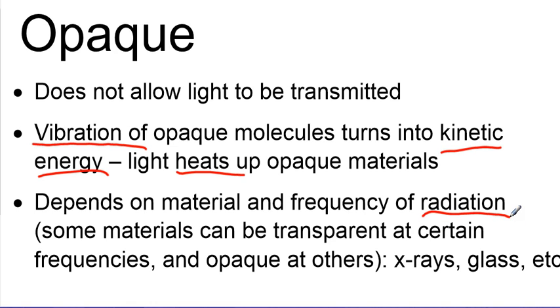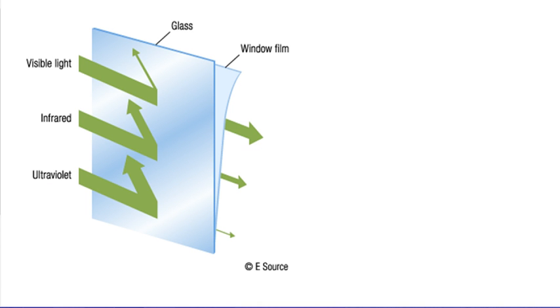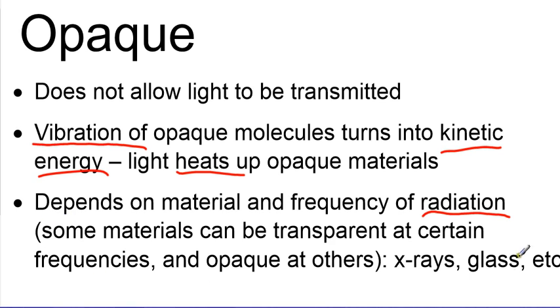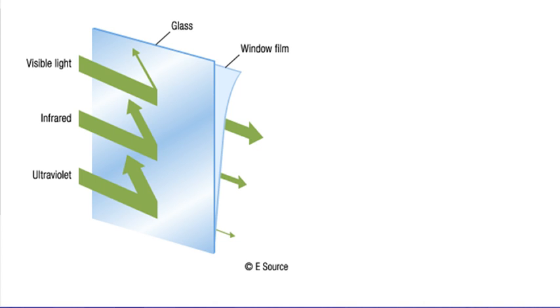We use all different types of radiation, and what's interesting about this is that there are certain materials that are transparent at certain frequencies, opaque at other frequencies, and reflective at other frequencies. So if you think of the piece of glass in your window in your house, it most likely has multiple layers of films that have been attached to the glass.